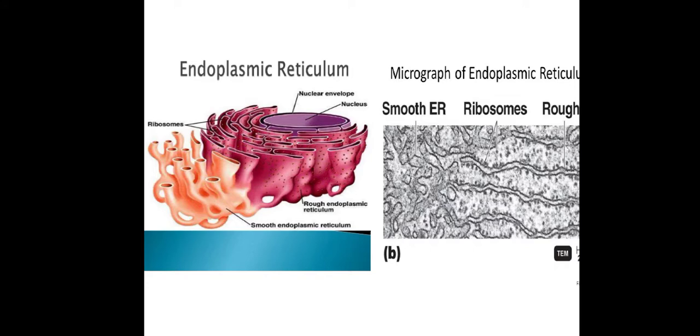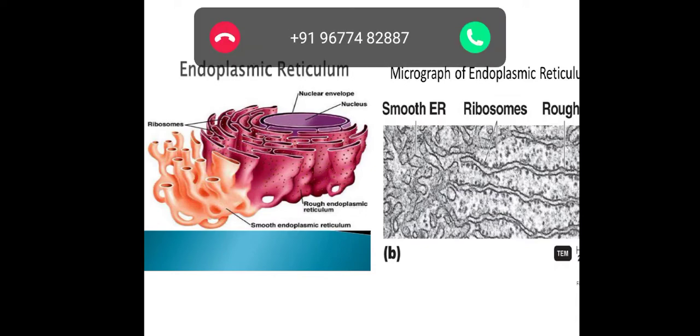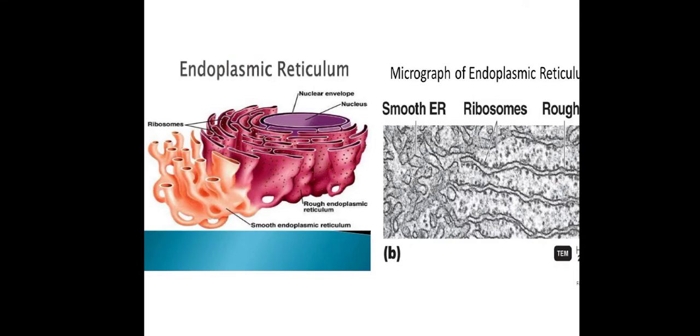Here you can see a certain pink color, right? On the pink color you can see small spots, spherical structures, which are referred to as ribosomes. The endoplasmic reticulum which has ribosomes on its surface is termed rough endoplasmic reticulum. Why is it termed rough? Because the ribosomes make the surface rough. Understood?